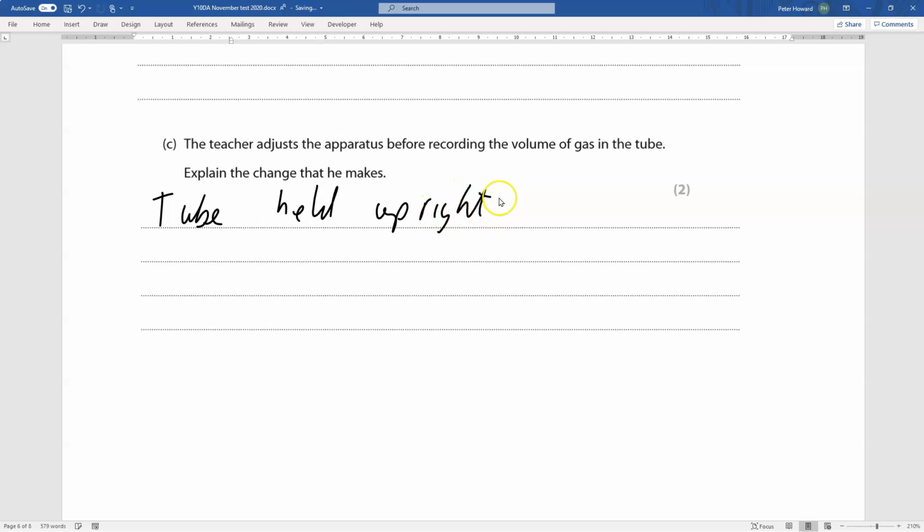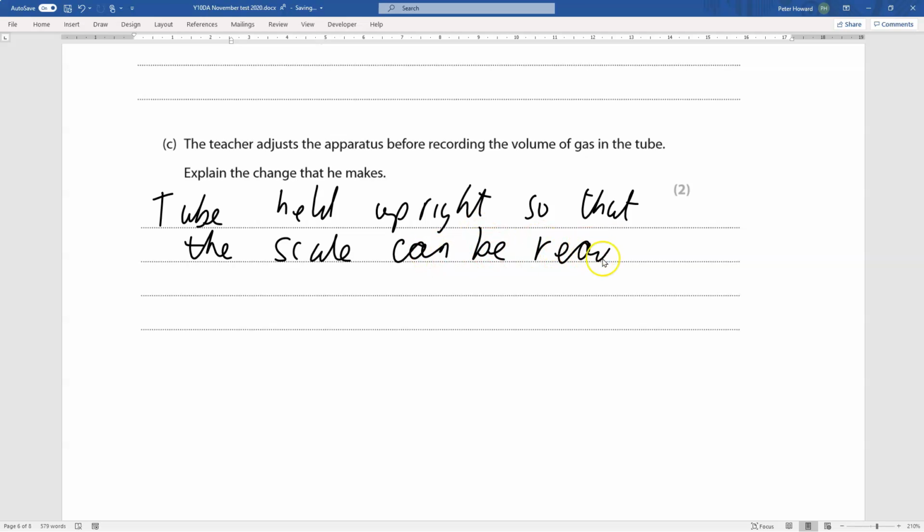And why do we do this? So that the scale can be read correctly. And this means that the volume recorded is going to be accurate.